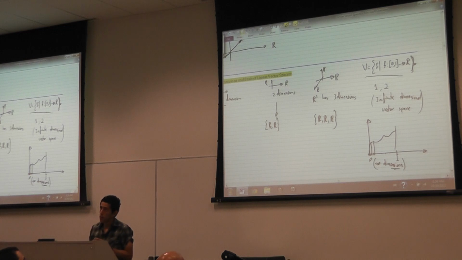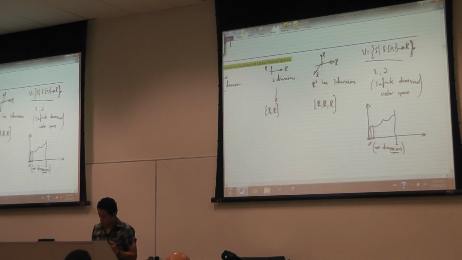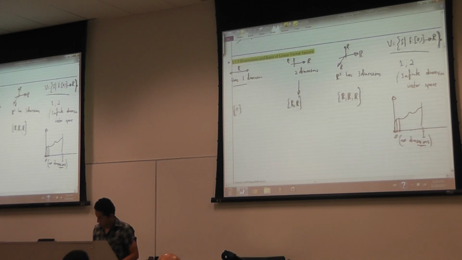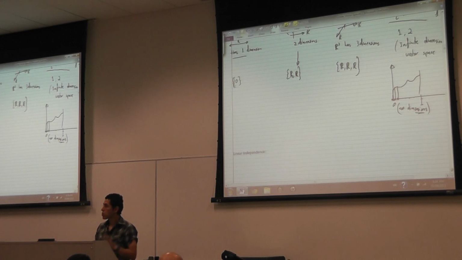So, the more rigorous definition of what the dimension is: we first need to define something called linear independence. Linear independence is defined as follows.